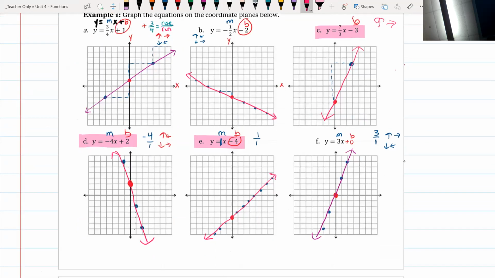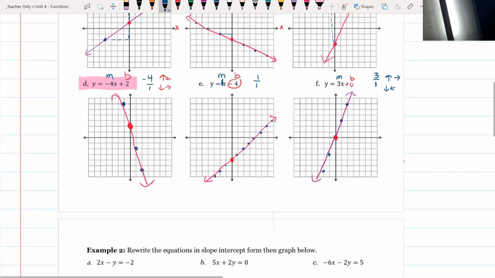D was negative, so we go up and to the left. And remember, since it's just -4, it's really 4 over 1. E might have been your tricky one. We go down to -4, that's where we start. There was no number written in front of the x, so there's an implied 1, and remember, 1 is 1 over 1.